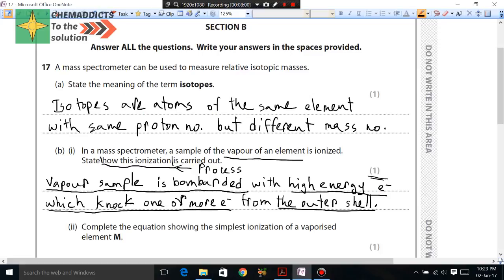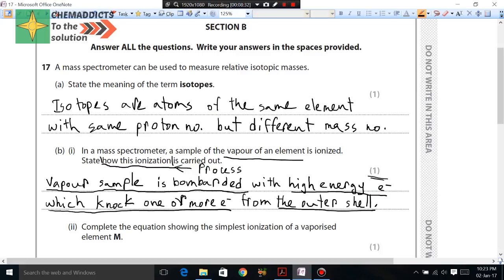Just saying that it is ionizing or forming positive ions won't give any marks.